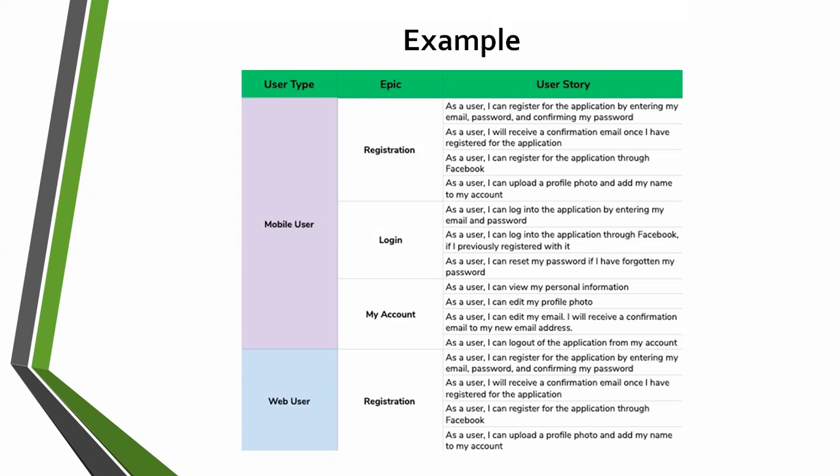So we decide epic as per the user type, right? One minute. I'll take my own project as an example, and we can go according to that.